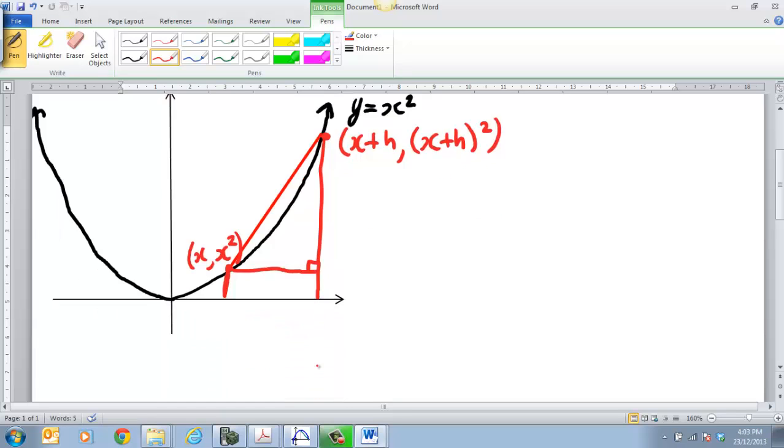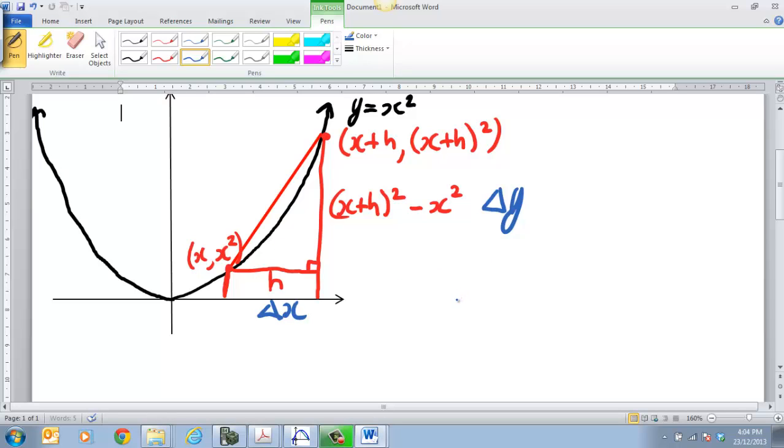Now, the difference between the x coordinates, we've got x plus h, take x, so this is going to be simply h, that distance there, and this is going to be x plus h squared, take away x squared, and that will be my y coordinate. So you basically have your change in y, and then you have your change in x over here.